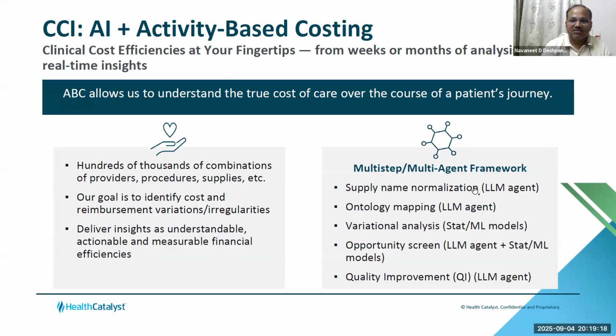So we have something bigger in terms of AI, which is not very important from your perspective, but it is a large language model agent, then ontology mapping, then variational analysis, opportunity screening, then statistical machine learning models, then quality improvement models. All these multi-step or multi-agent frameworks are being developed. Okay, so ABC allows us to understand the true cost, because they are unable to recover the cost after investing heavily. So that's the whole problem.